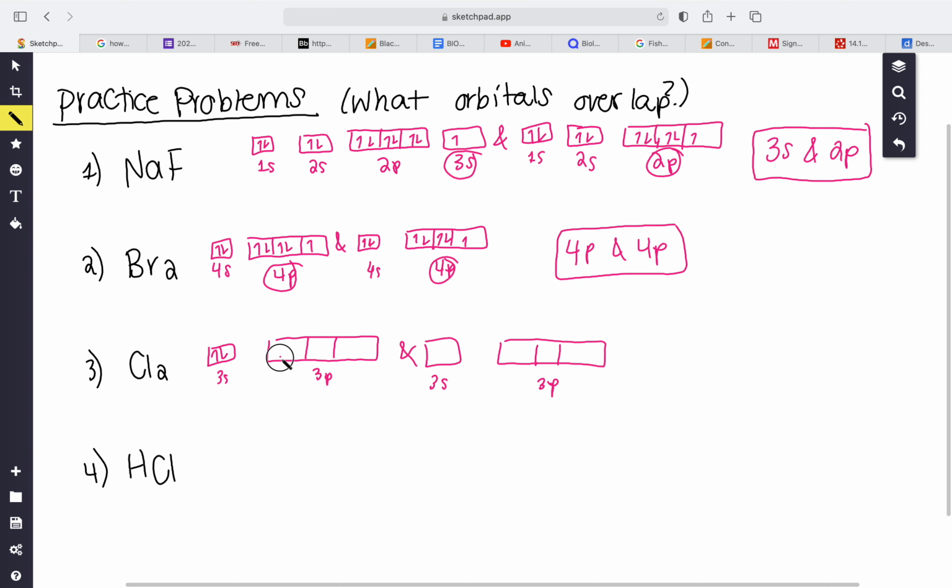It's going to be 1, 2, 3, 4, 5, 6, 7 for each. Same thing, the half-filled orbital is in the last part here, 3p. So it's going to be 3p and 3p.